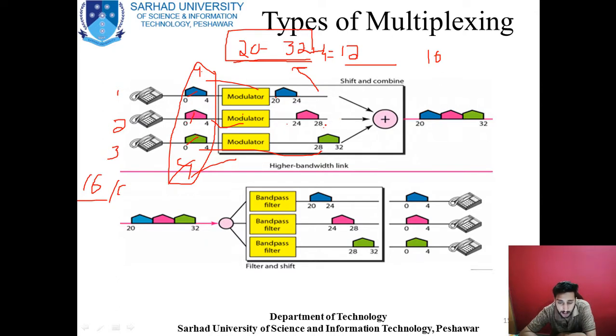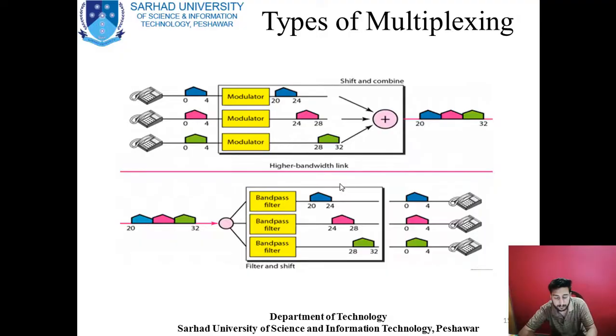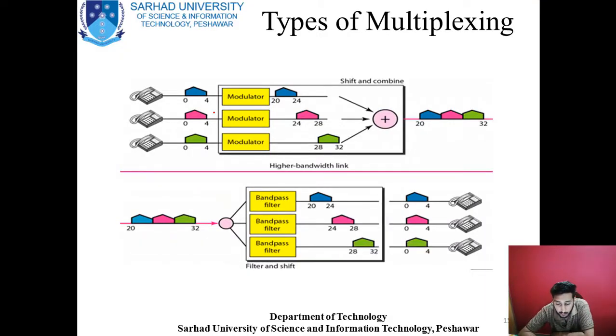Now what is a guard band? Let me show you. Now if you have to allocate these users and assume that they all have 2 kilohertz voice channels, let's say this is from 0 to 2, this is from 0 to 2, and this is from 0 to 2 as well.